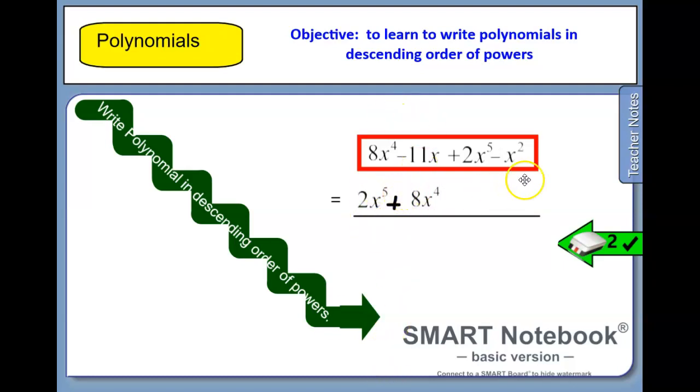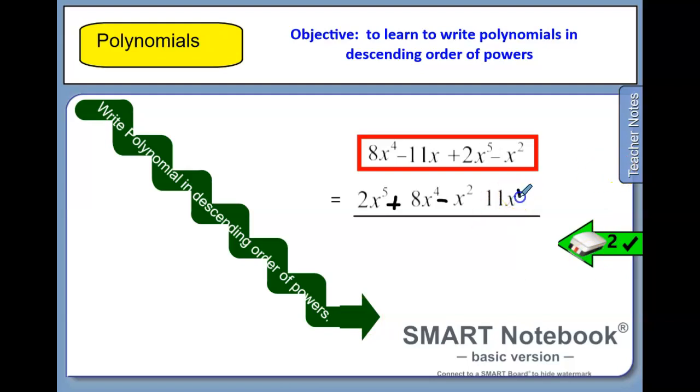I'm looking, there's no x to the third. So I'll go to x to the second. Now the sign in front of the x to the second was subtraction, so I have to bring that along with it. It's subtraction. My last term is going to be my x, 11x. This is 11x.